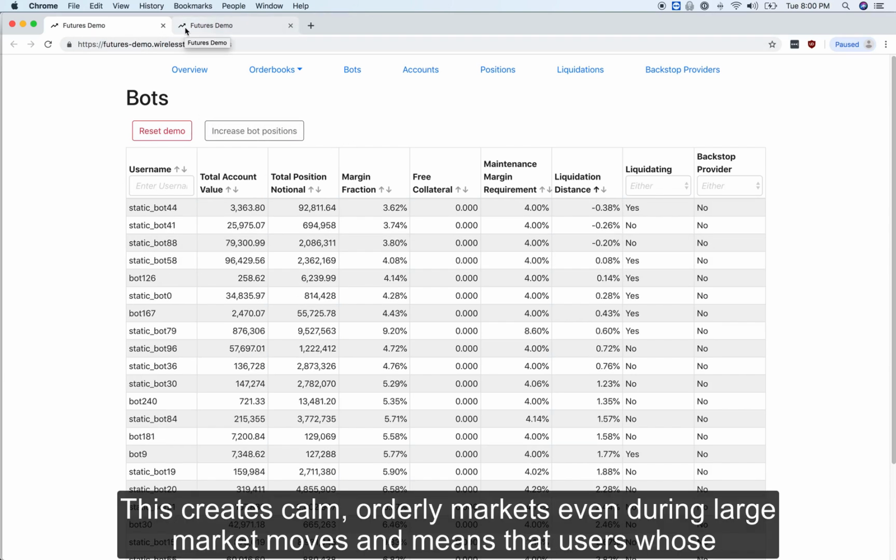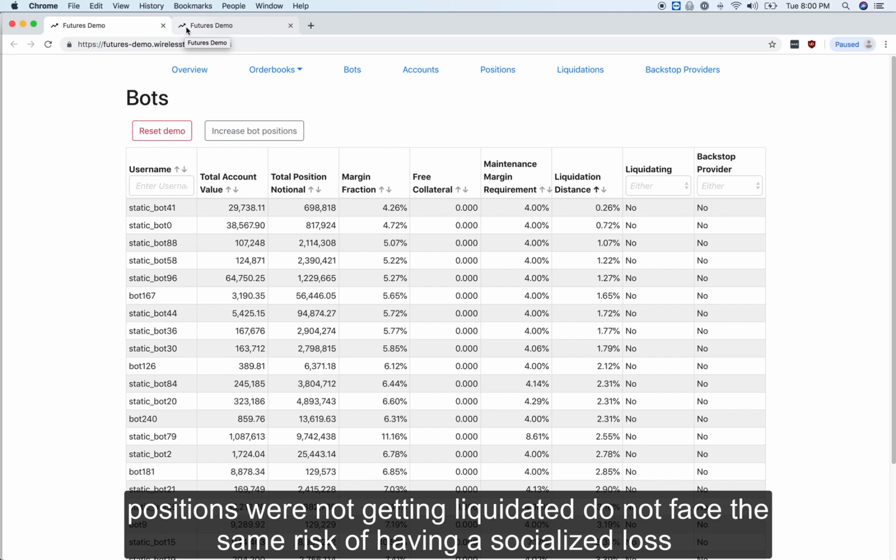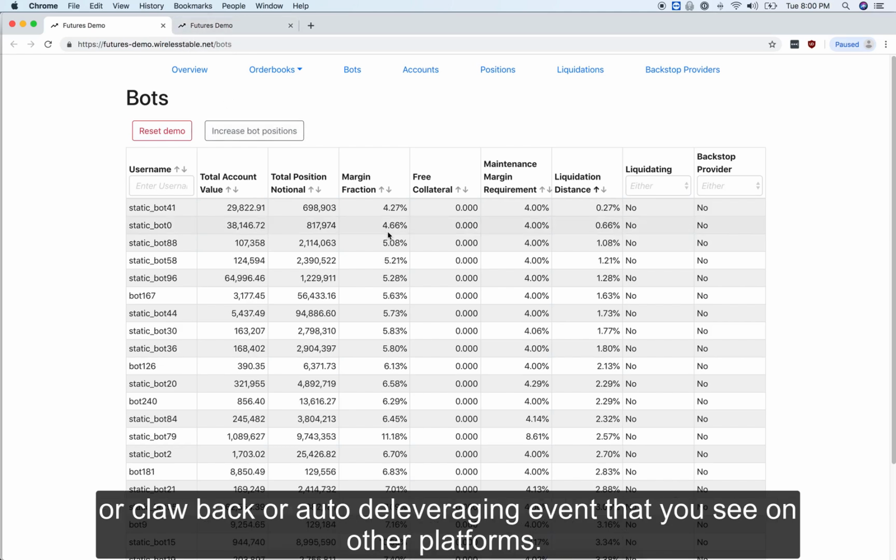This creates calm, orderly markets even during large market moves, and means that users whose positions were not getting liquidated do not face the same risk of having a socialized loss or clawback or auto deleveraging event that you see on other platforms.